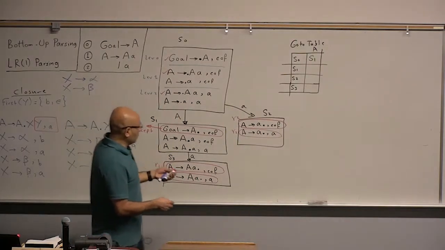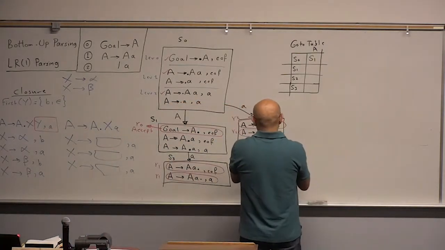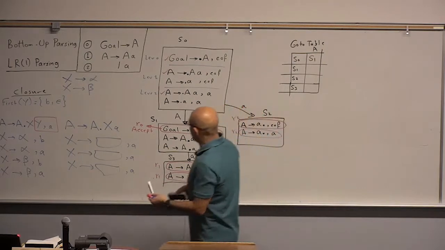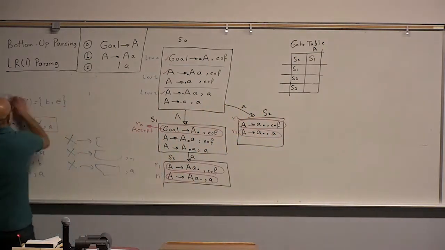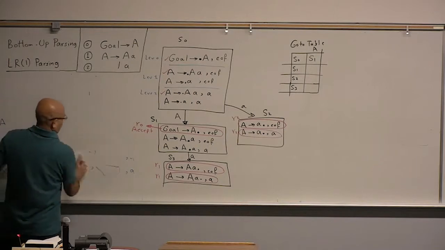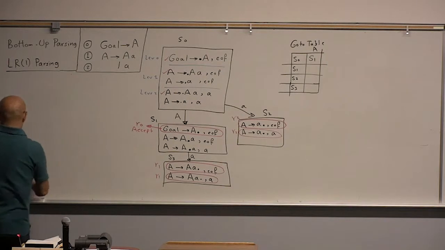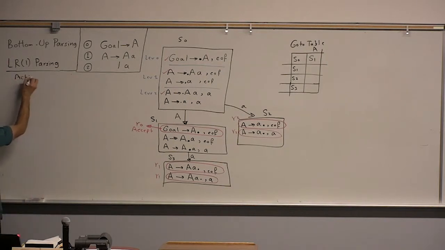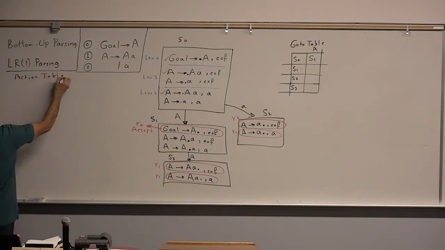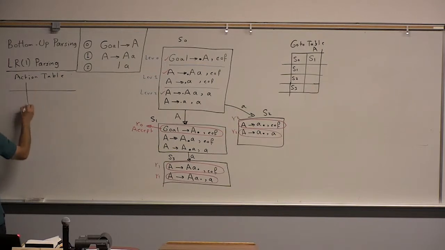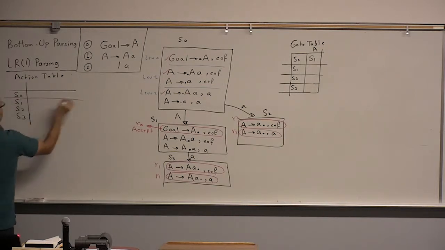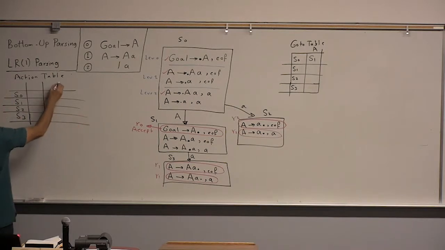Now let's do what we call the action table. I'm going to put the action table here. The logic of the action table is that I have these states, S0, S1, S2, S3, and I need to make an action based on the look ahead.